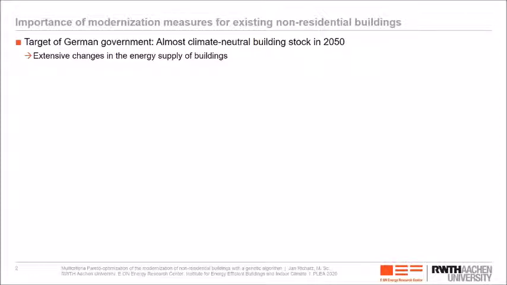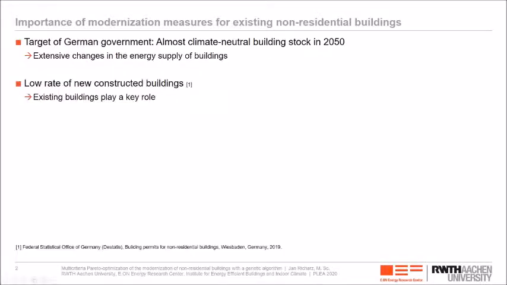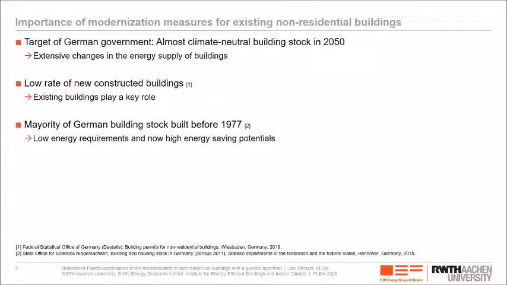As many other countries, Germany has set itself some climate protection goals that lead to an extensive change in the energy supply of buildings. The building stock does only grow slowly, and therefore existing buildings play a key role. Most of these buildings were built over 40 years ago and hence with low energy requirements.